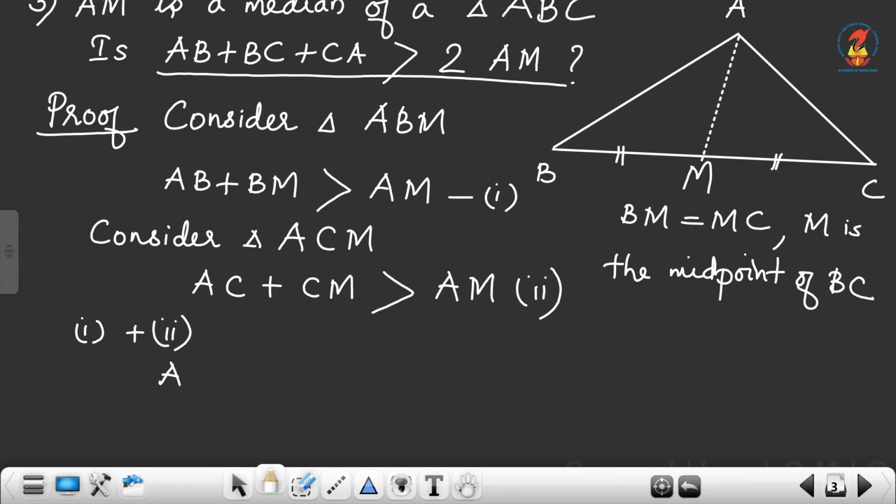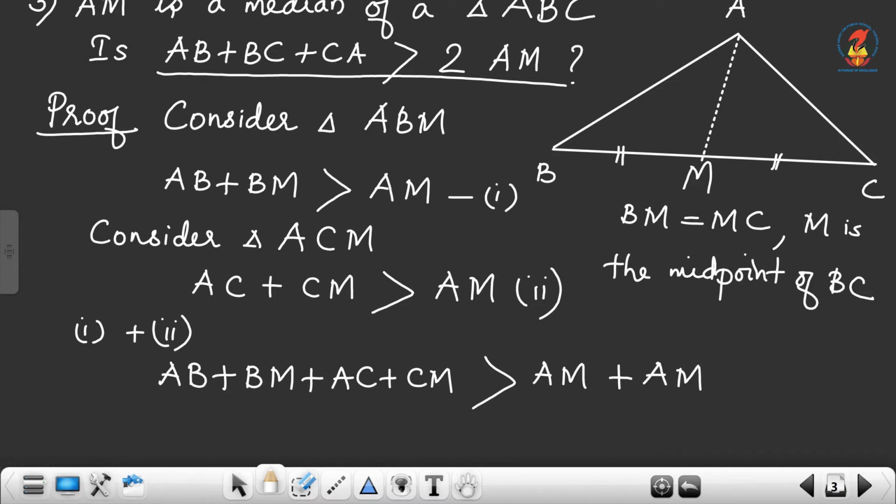So first one, left hand side is AB plus BM. Then the second inequality, the left hand side is AC plus CM, greater than the right hand side of the inequality. Here we have AM plus one more AM. Now we have to arrange the sides.